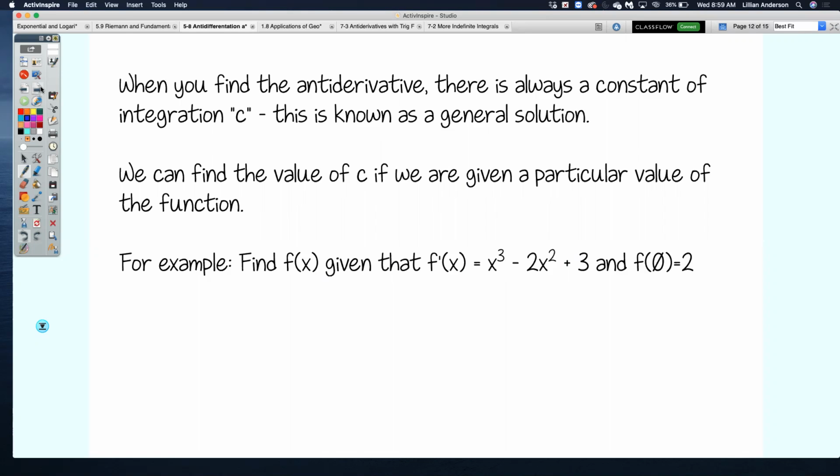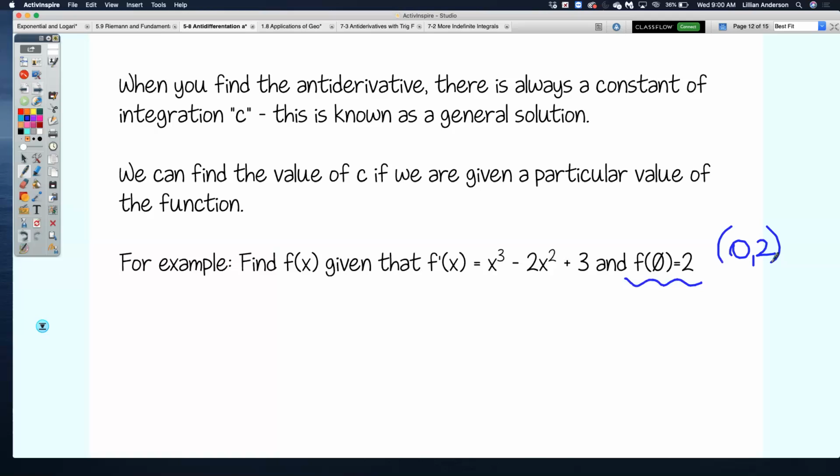So let's take our same problem of the day example, and let's actually know this additional piece of information that f of 0 is equal to 2. Well, f of 0 equal to 2 is essentially the point 0, 2.